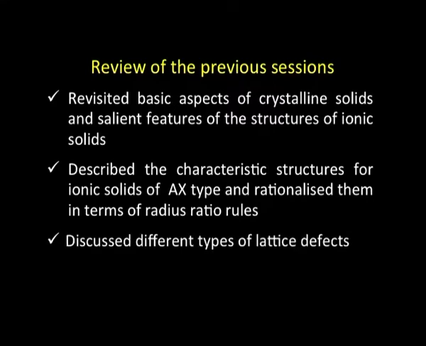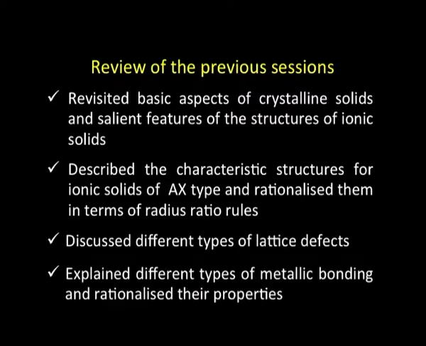Thereafter, we discussed different types of defects in such lattices, and then we came down to metallic bonding. We saw the different modes of binding which can be explained in the context of metals, and then rationalized the properties of metals in terms of these modes of binding, that is metallic bonding per se.